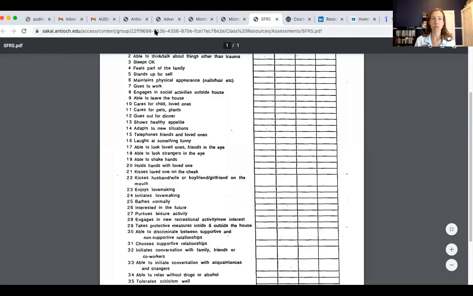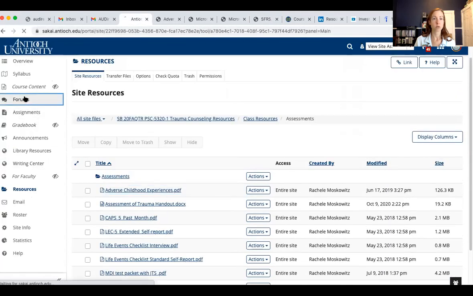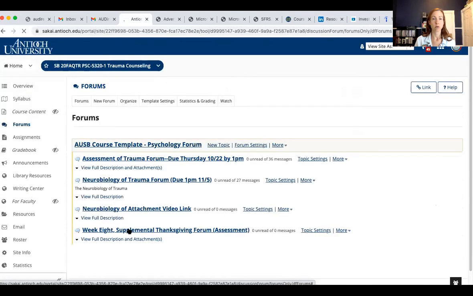So for this week, there is a forum that has a couple different components, and I'll just show you. I guess I'm not done screen sharing. Show you where it is. So if we go into forums, week 8.